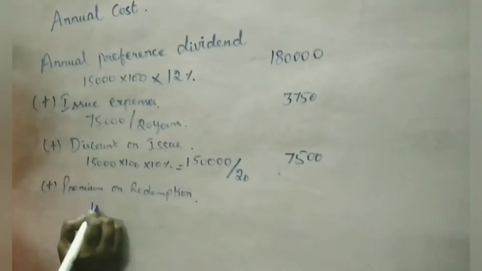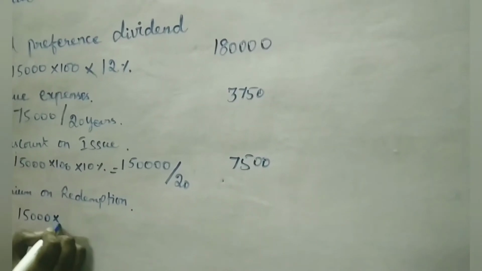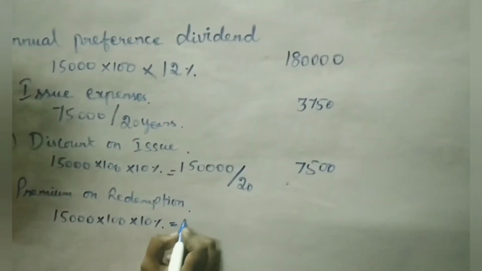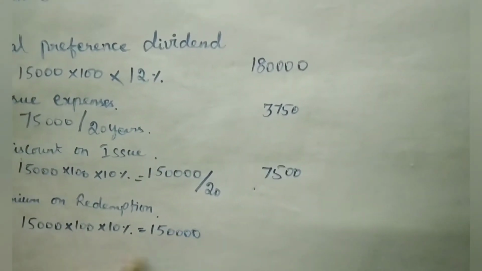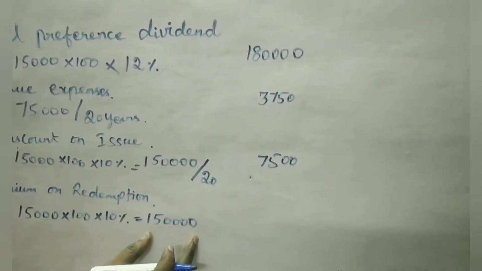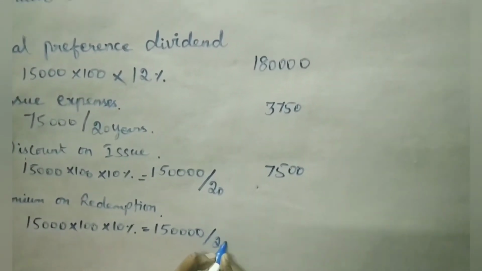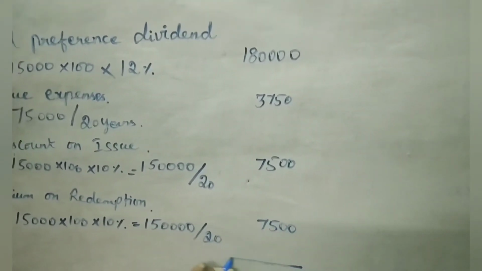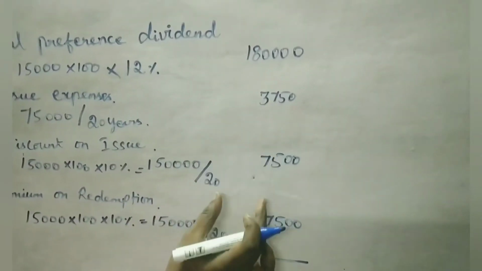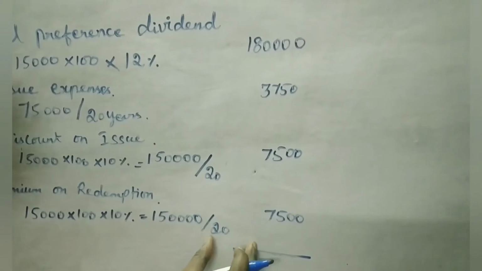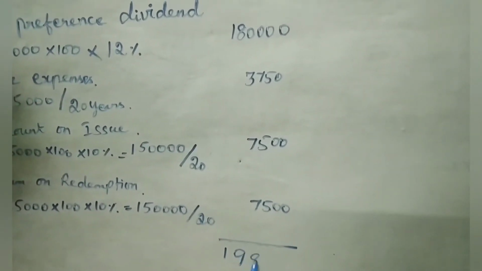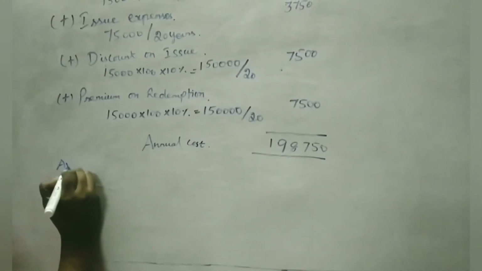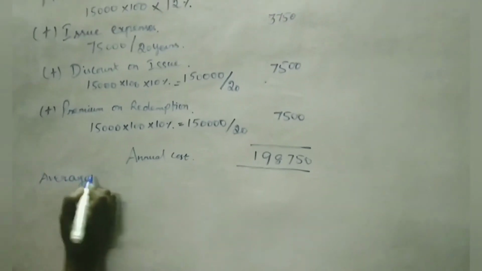So 15,000 preference shares into 100, 10% premium. Apply, 1,50,000. Premium on redemption also amortized per annum. So divide by number of years, 20 years. The amount is 7,500. Add preference dividend, issue expenses, discount on issue and premium. We will get annual cost 1,98,750.